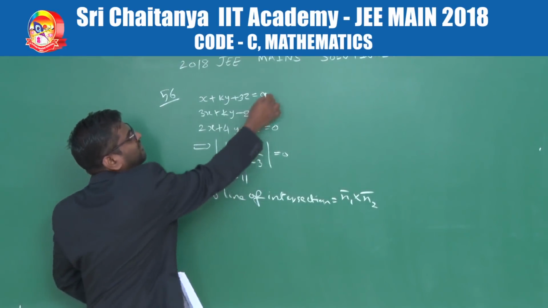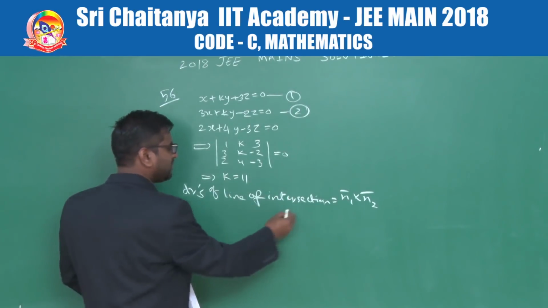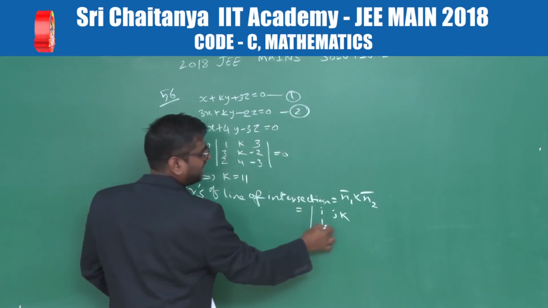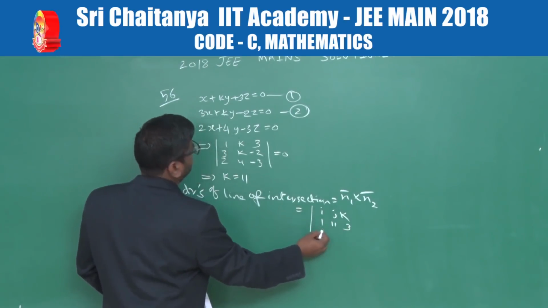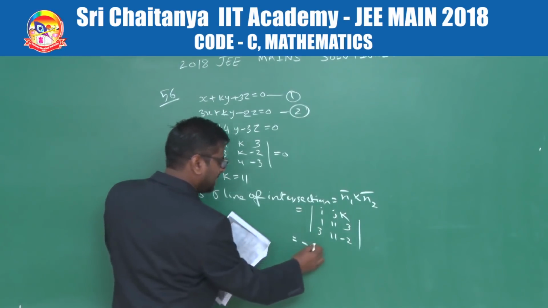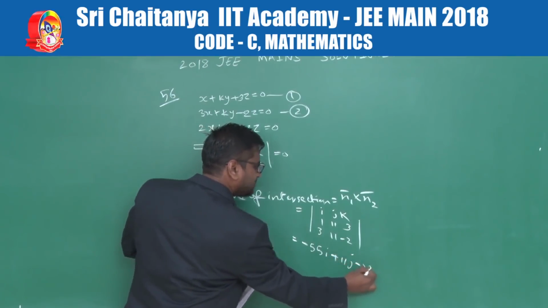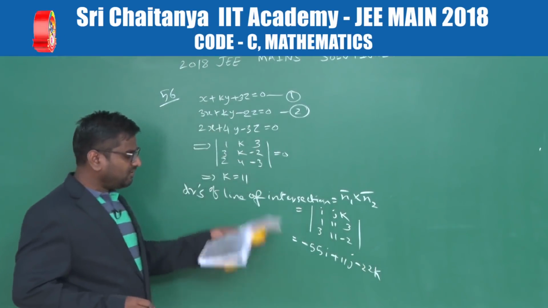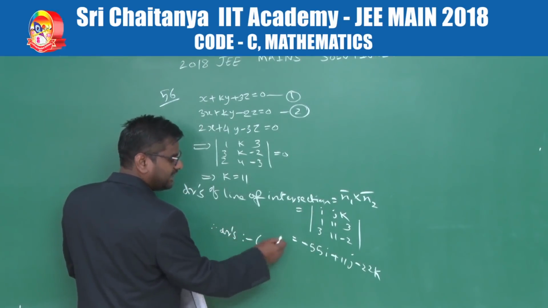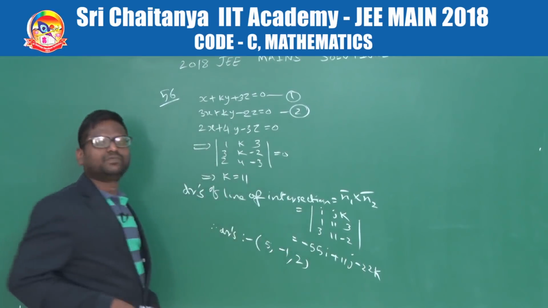Let us say n1 is the normal to the first plane, n2 is the normal to the second plane. So n1 cross n2, if you find i j k, 1, k (which is 11), 3, 11, minus 2, then we get minus 55i plus 11j minus 22k. If you pull out minus 11, the direction ratios we can take as 5, minus 1 and 2.